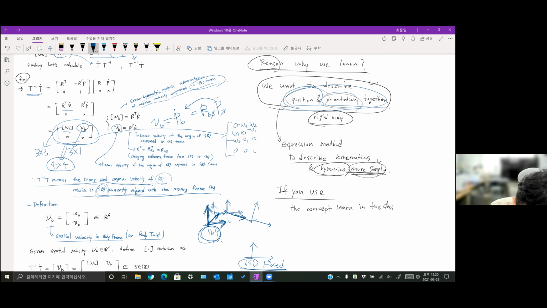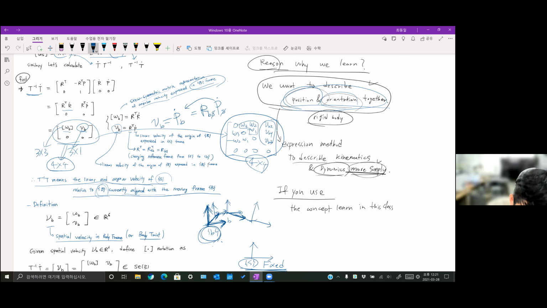And 0, 0, 0. And here is Bx, By, Bz, 0. This kind of 4 by 4 matrix. So actually, the matrix itself is bulky, because the essential value is here.